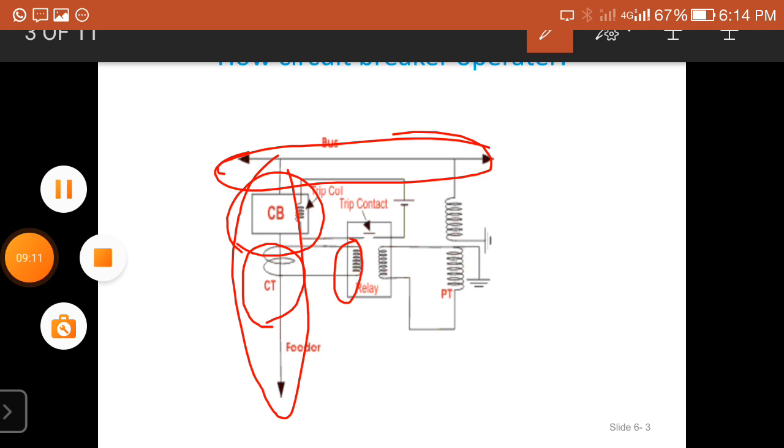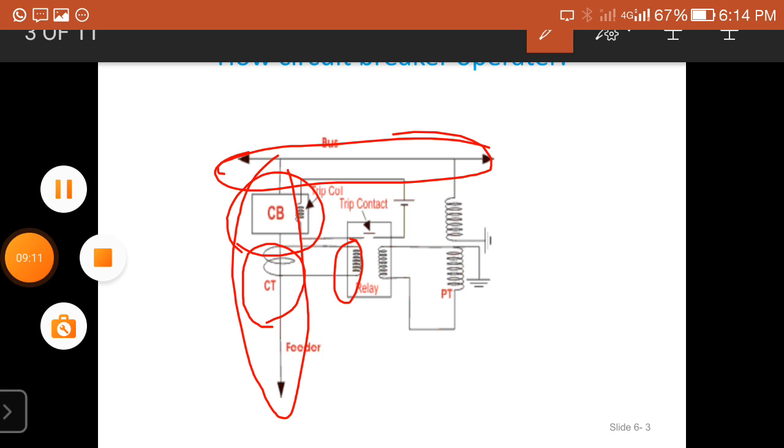In this process, some arc will be produced in between the gap of the fixed and moving contact. That arc will damage the fixed and moving contacts because the arc has a high amount of heat energy.